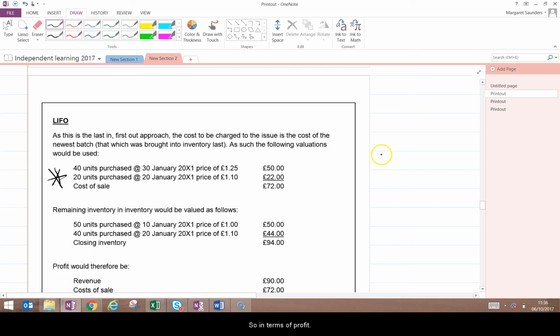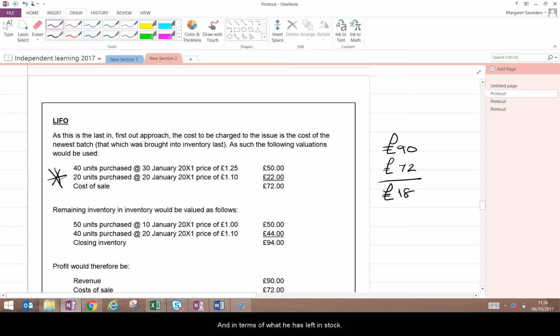So in terms of profit, remember he sold them for £90. Using LIFO, they cost him £72. So his profit now would be £18.